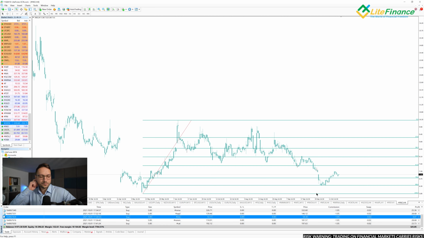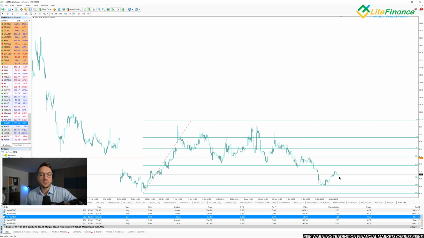Therefore, here we could enter the market, even at this stage, because the first take profit is at the level of 50, which is point B. More or less, this is our potential move to the upside.